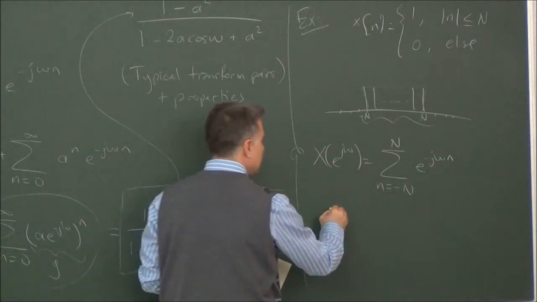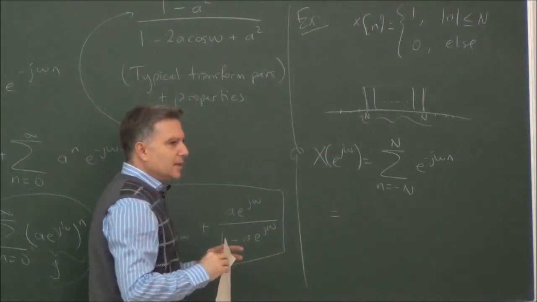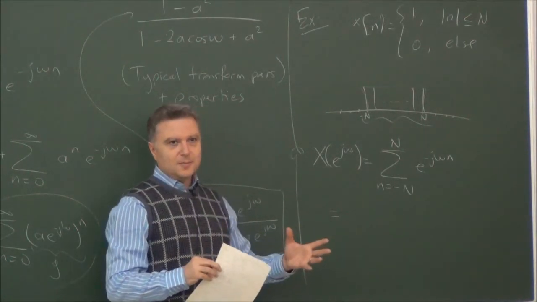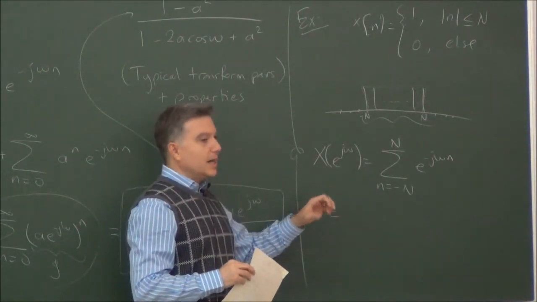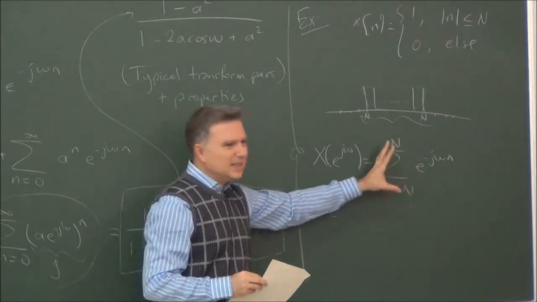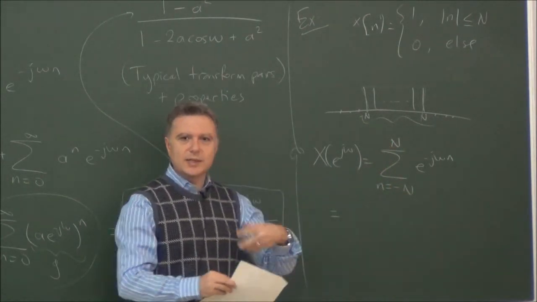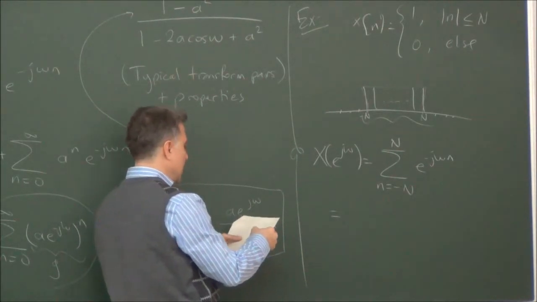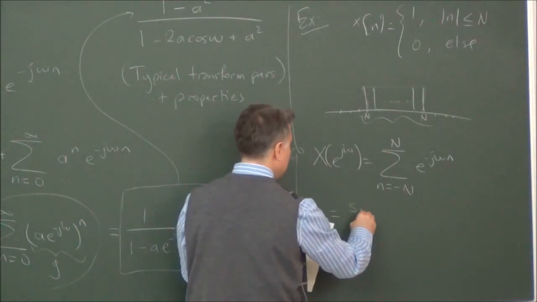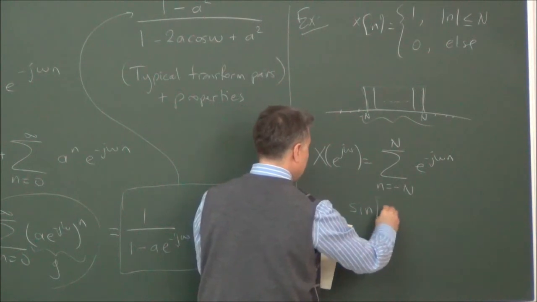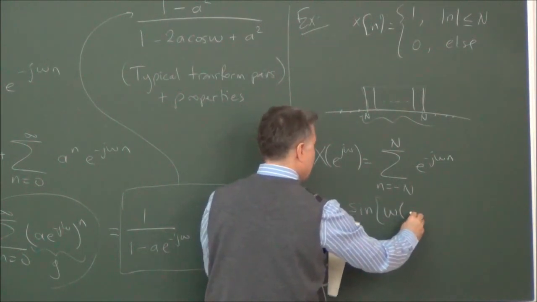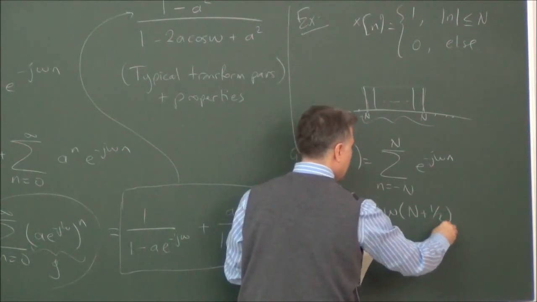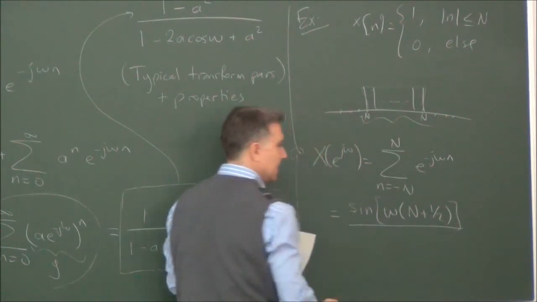And that summation has a simplification. If you don't know the simplification, normally in an exam question you may just leave it like this. This summation will give you the Fourier transform, but there is a simplification, and it is in the table given as sine of omega times (N plus 1/2) over sine of omega over 2. As you see, it's a little bit complicated and difficult.